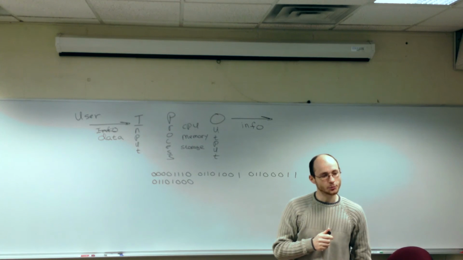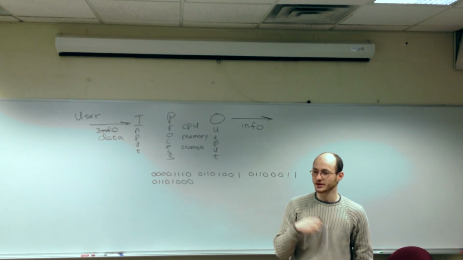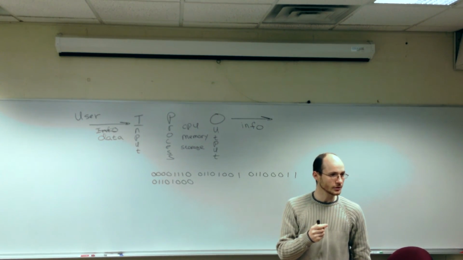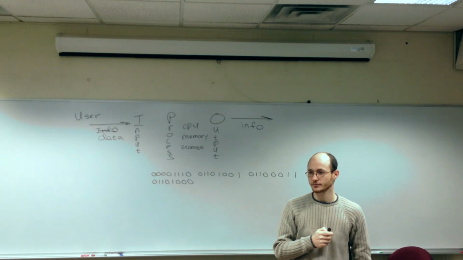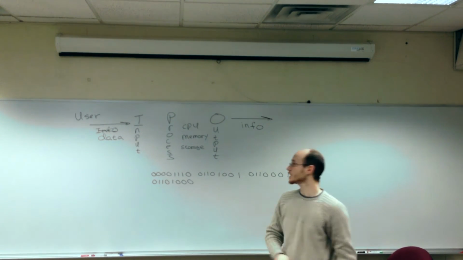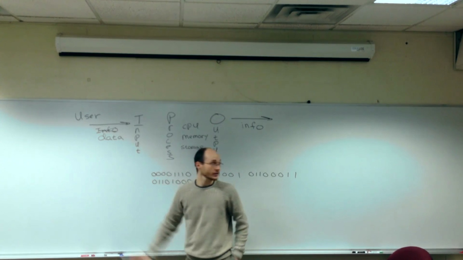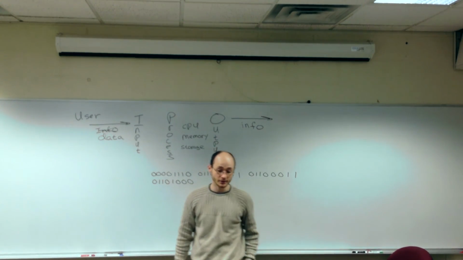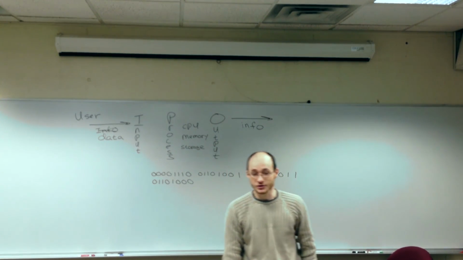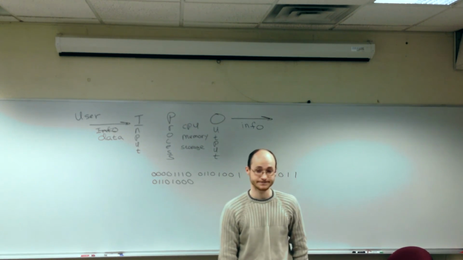CPU is short for Central Processing Unit. A lot of people like calling this the brains of the computer, the workhorse. Now, anytime you are going to take data and manipulate it into information, you will have a processor. Your televisions do have processors.